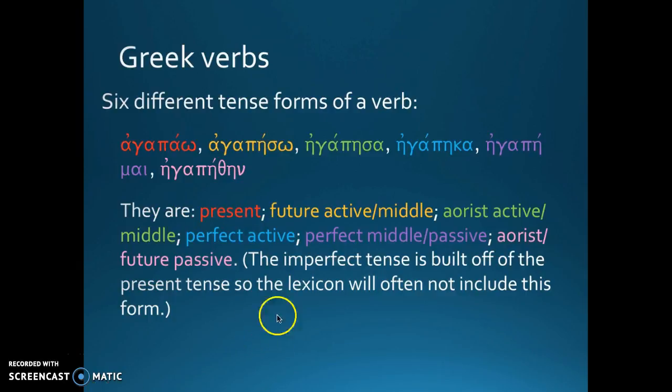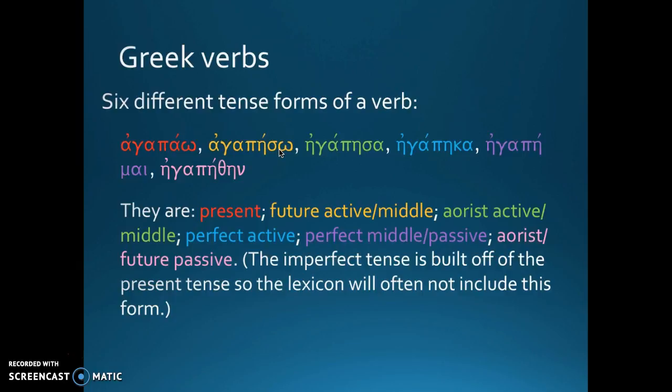Interesting thing, so the note here says present for agapao and it's color coded. Then we have future active or middle. What that tells you, and you really would need to know the active and middle endings because they change, and that would indicate it. If you were taking a full Greek course, you would be able to look at the endings and know what that is.